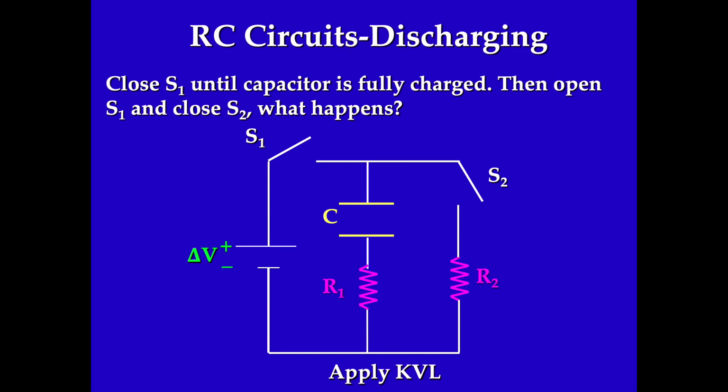Well, you have to set up the loop rule again, like I did earlier today. The only difference is that there's no power supply in this loop. And so you're going to have the voltage drop across the capacitor plus the voltage drop across the resistors equals 0.